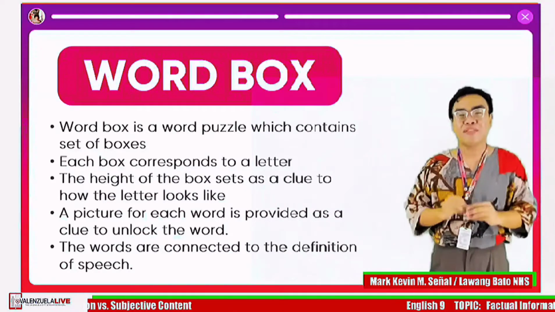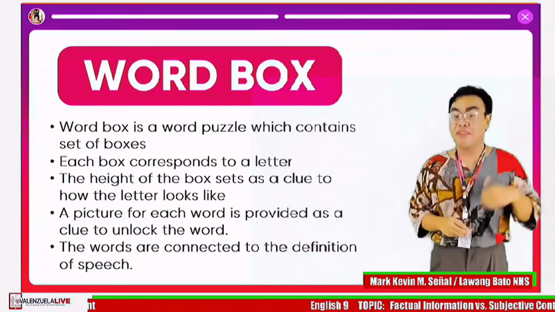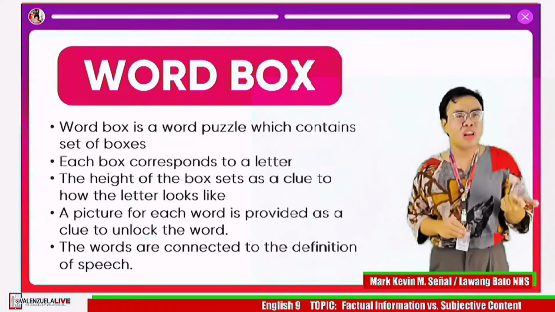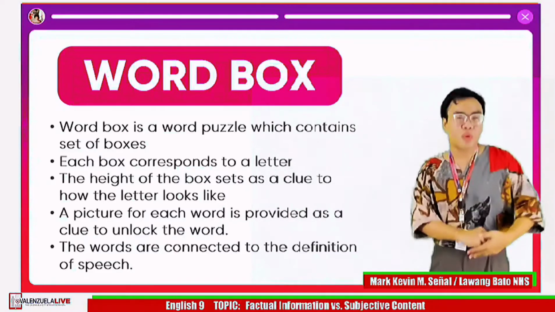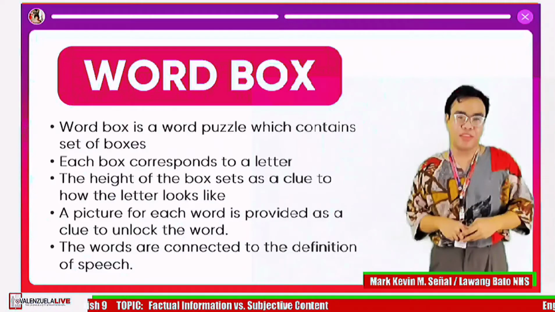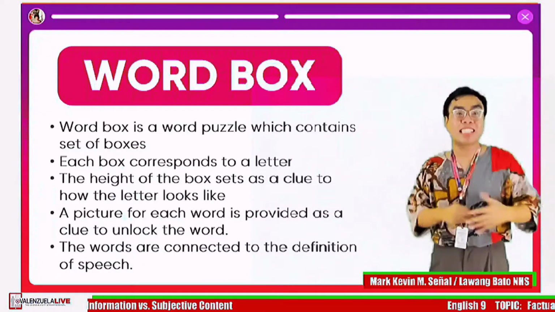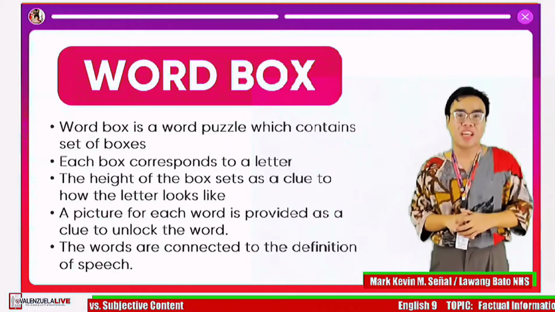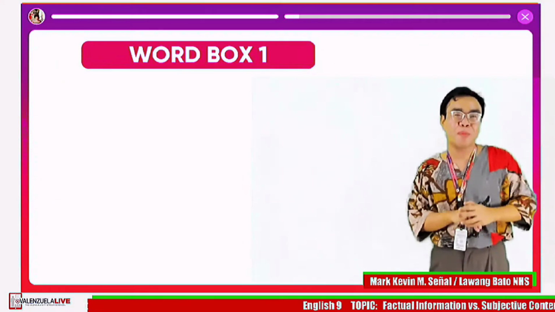The height of the box serves as a clue to how the letter looks: if it's tall, or if it's small, or if the letter has a tail. A picture for each word is also provided as a clue for you to unlock the word. The words that we will get are all connected to the definition of speech. And so let us start with Word Box number 1.